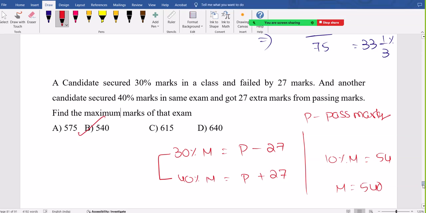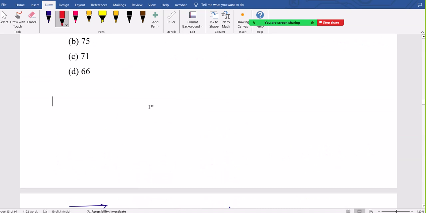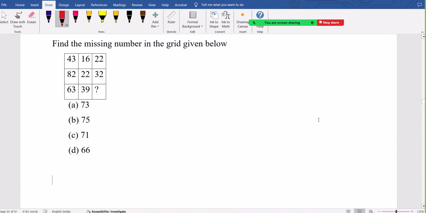Fine. So finally, I want to conclude with that one pending question, which is this. 77, sum of digits also 7, 7. Okay, this is 10, 4.